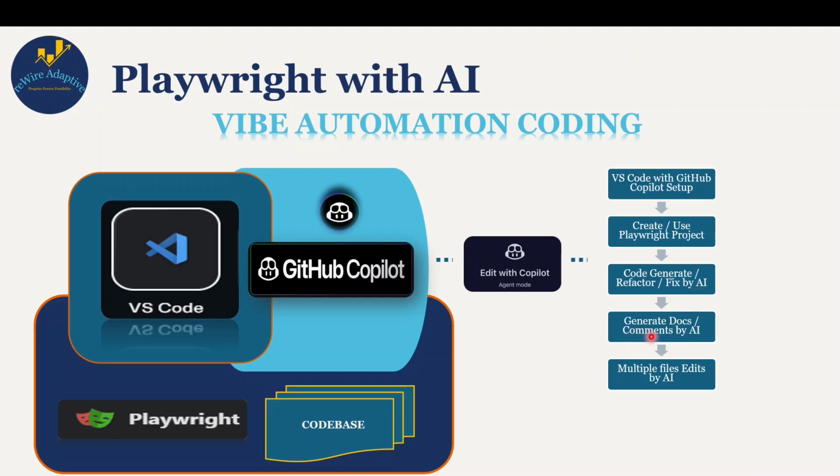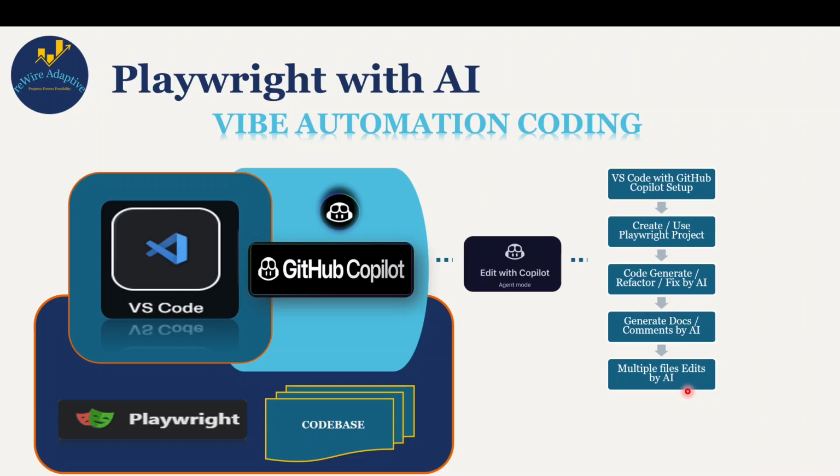And then next is to generate docs or comments by AI. So you have the code, you don't need to write the comments on the header part of a particular method or test specifically. It automatically generates. Okay, multiple file edits by AI. This is the cool feature that I have seen.